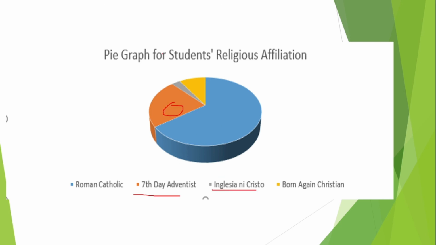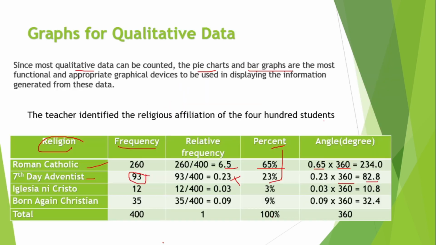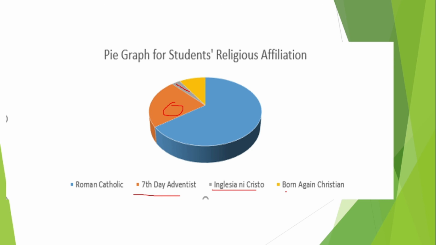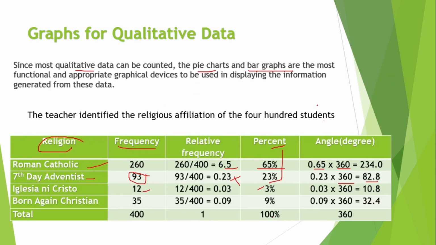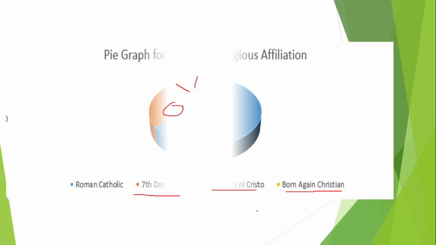And for Iglesia ni Cristo, we have the gray, because as we go back to the table, Iglesia ni Cristo got only 3%, meaning only 12 students have the religion Iglesia ni Cristo. And for Born Again Christian, we have the yellow, which is only 9% of 400, so this is 35 students.